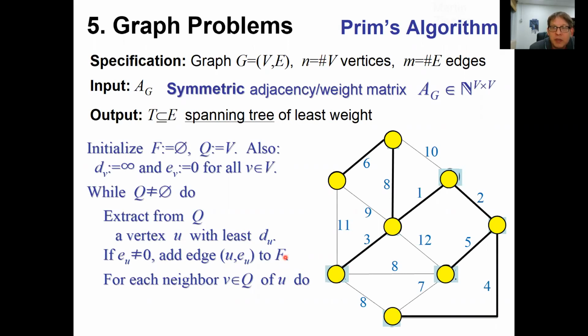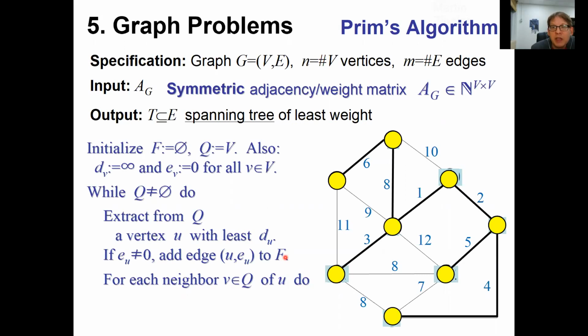So previously this vertex U was not part of the partial tree, and now it has become part of the partial tree, and the neighbors of that vertex may thus have decreased in distance now that their neighbor U has become part of the partial tree.